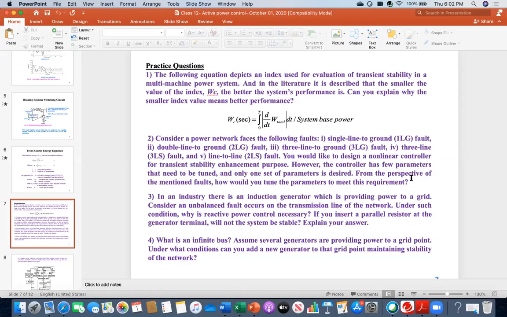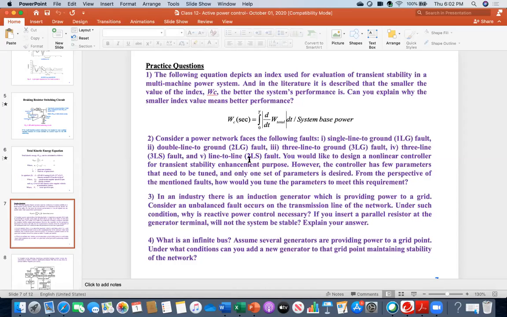Now everybody see, if you consider the system has a 3LG fault, then definitely you will get one set of parameters. Next time you consider the fault is 1LG, you will get another set of parameters corresponding to that.